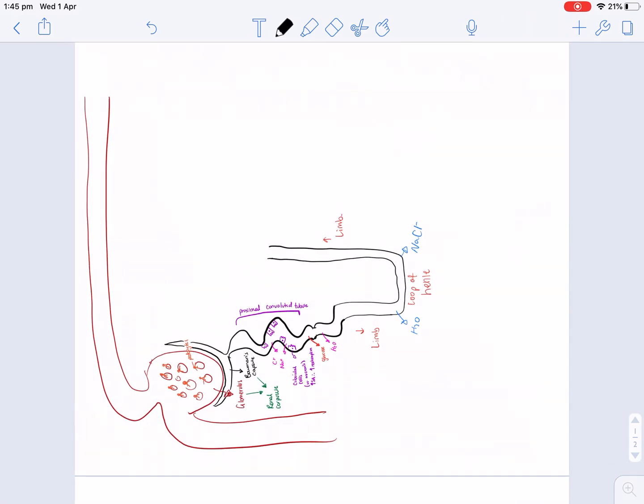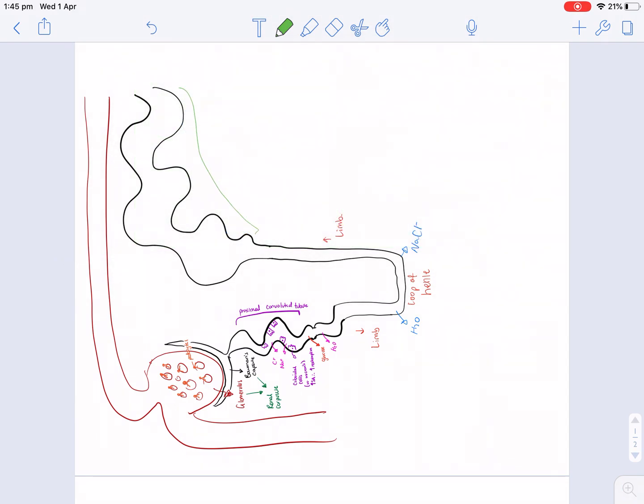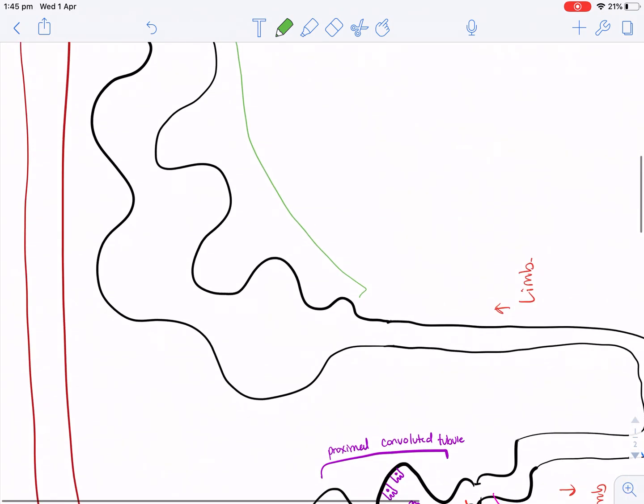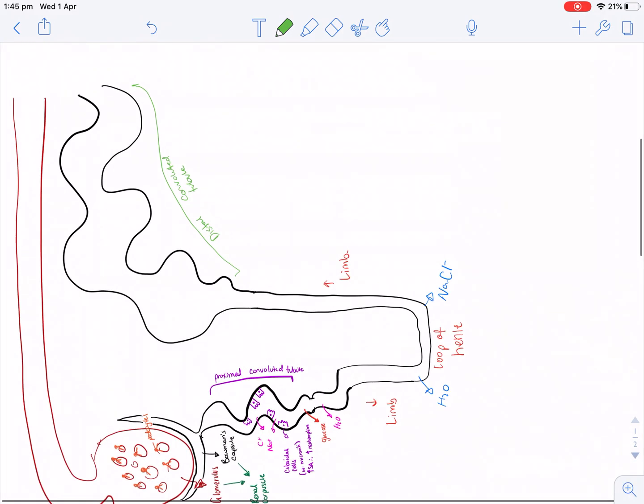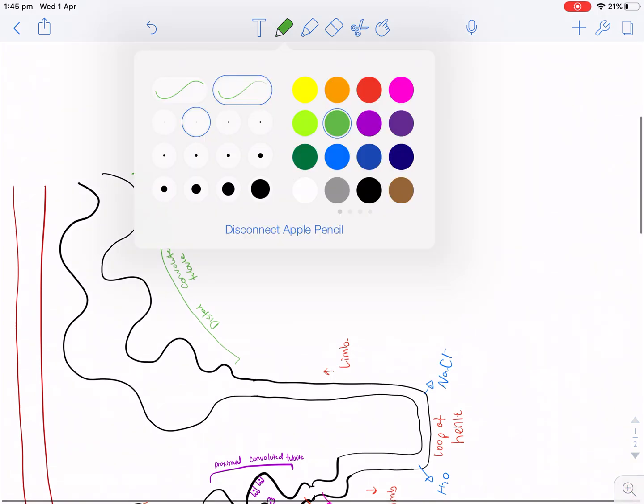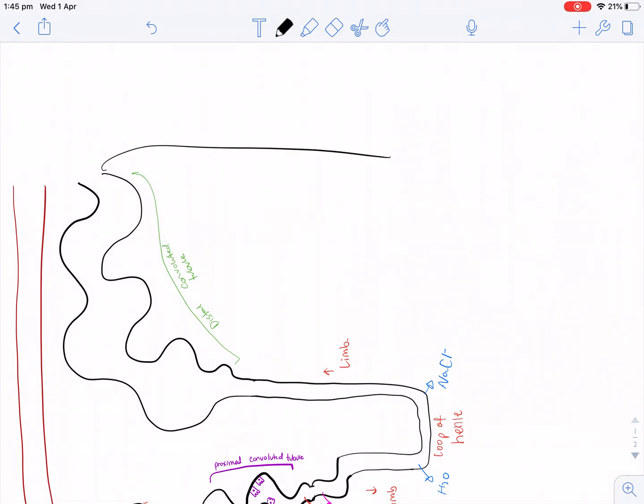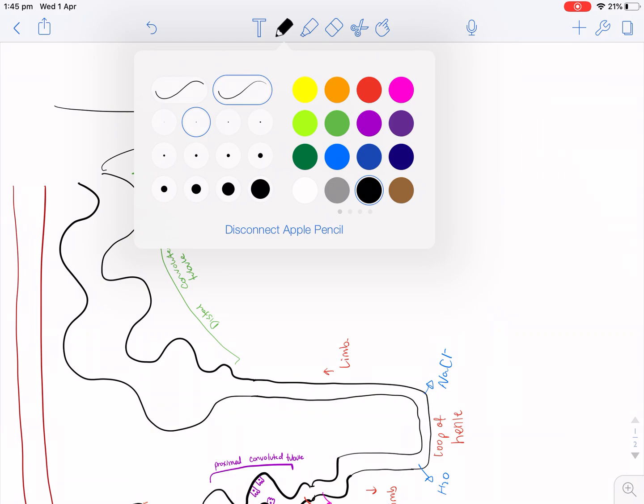So now we end up in our distal, so all of this is our distal convoluted tubule. And then after the distal convoluted tubule, we get the collecting duct.